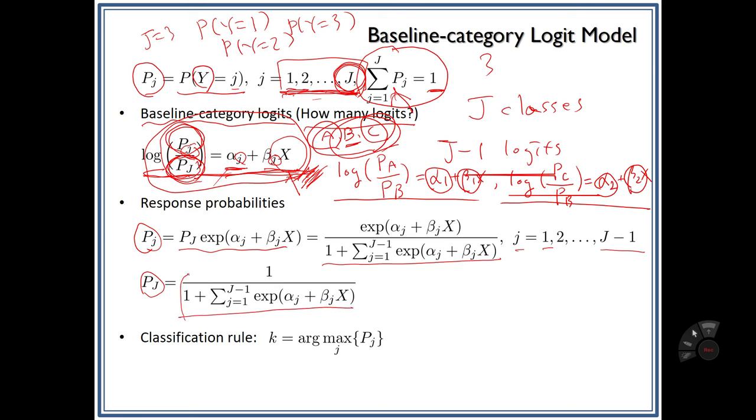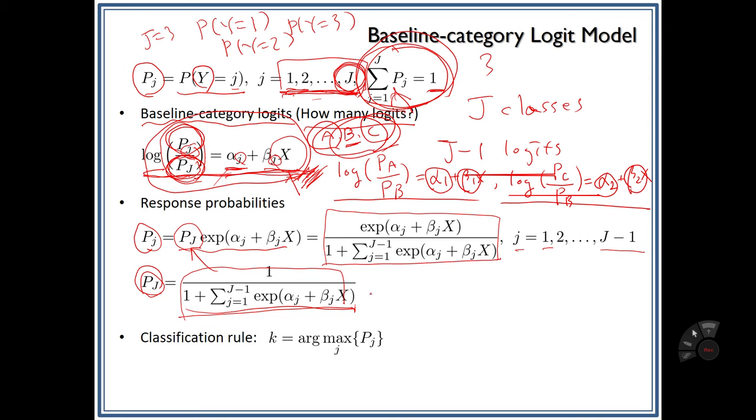Then by just plugging in this part here, we're gonna get this thing. Why is this probability this thing? We can derive it by using this property: the summation of the probabilities becomes 1.